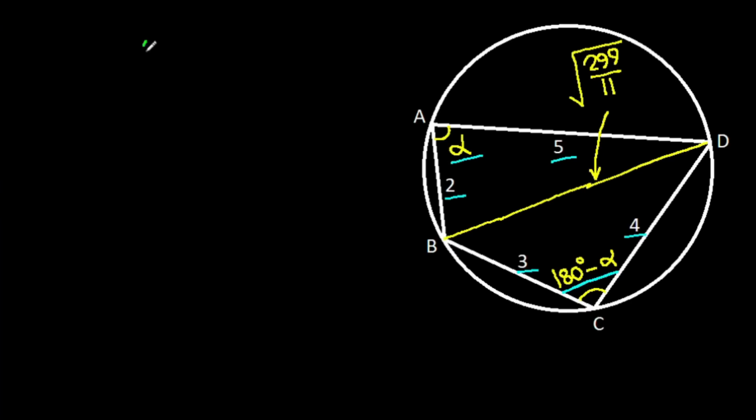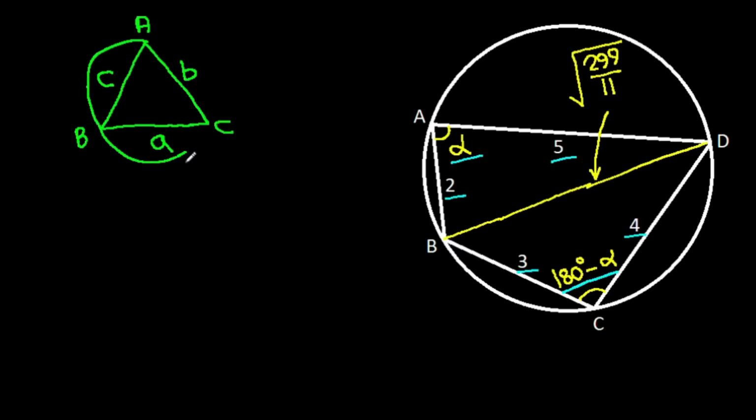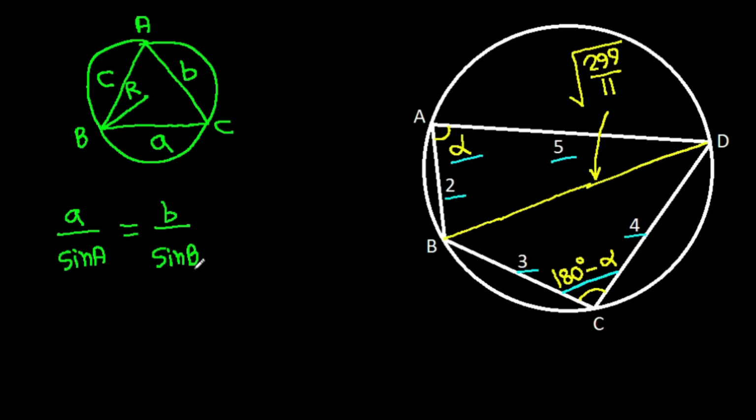now in any triangle ABC, if BC is a, AC is b, AB is c, and the radius of the circumcircle is R, then a over sin A is equal to b over sin B, is equal to c over sin C, is equal to 2 times the radius of the circumcircle.